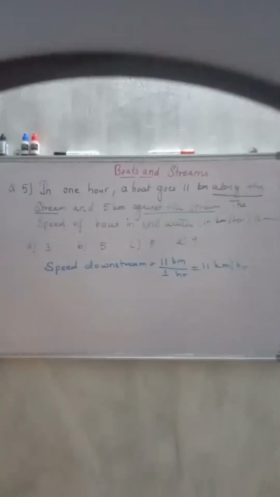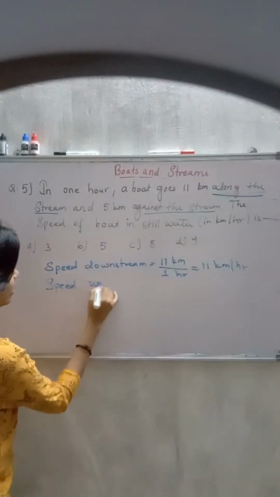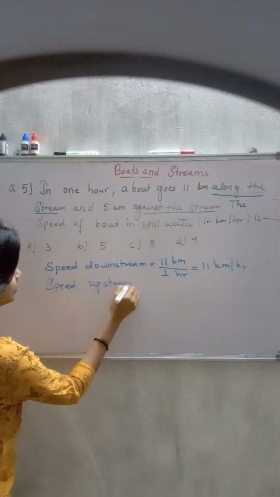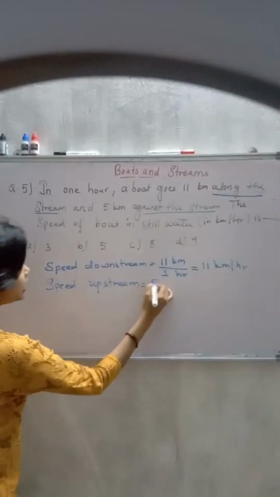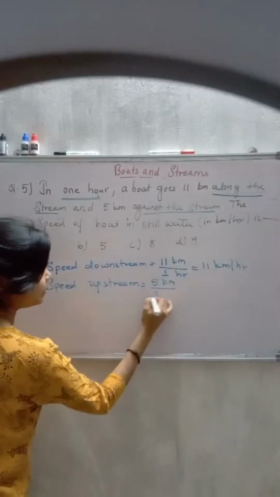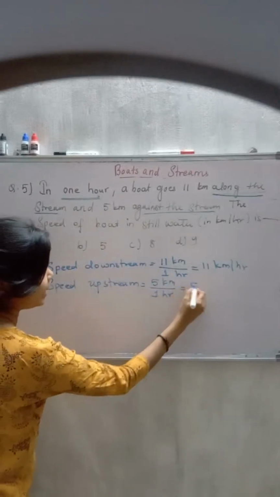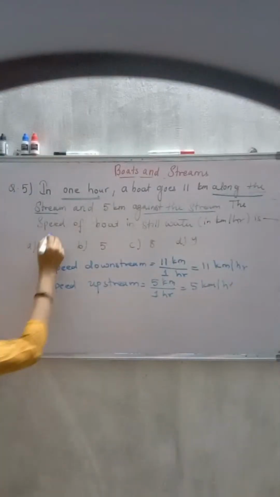and 5 kilometer against the stream. Against the stream, that means we are talking about upstream. So speed upstream will be, again, distance upon time. Distance is 5 kilometer and same in 1 hour. So 5 by 1 hour, that means 5 kilometer per hour. We want speed of boat in still water.